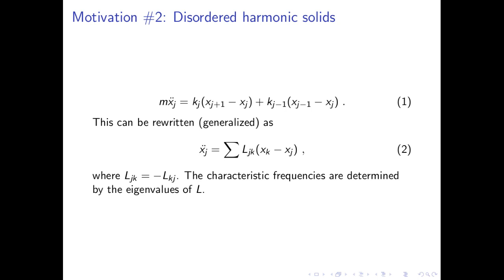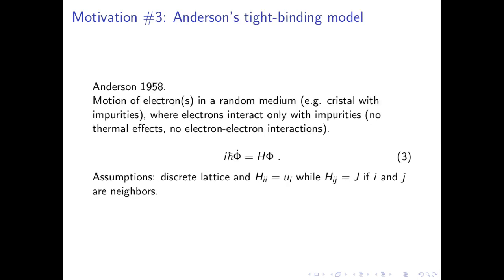The characteristic frequencies of these disordered harmonic solids are the eigenvalues of the corresponding matrix, and therefore, if the solid is disordered, these coefficients are random, and so the problem can be translated into a random matrix problem.